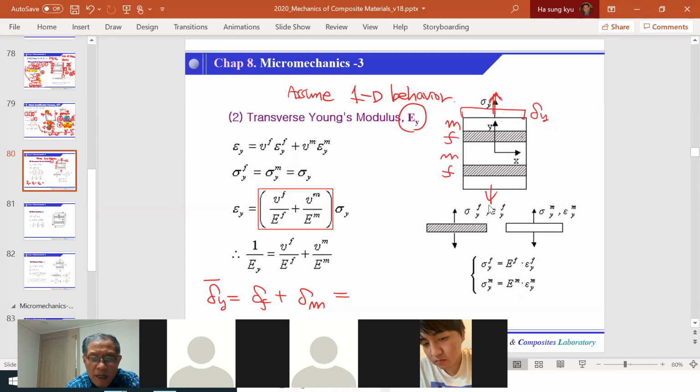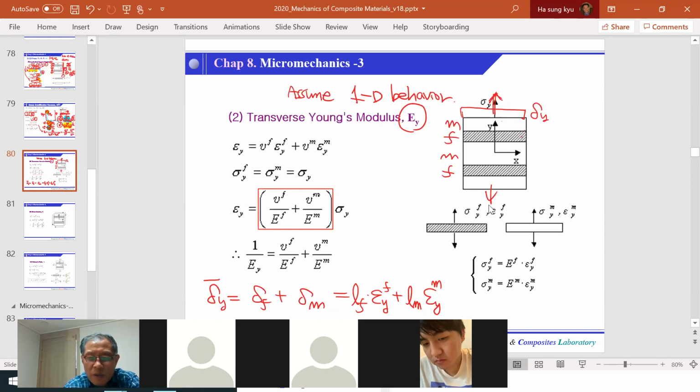And this delta is what? The fiber delta will be simply the length of the fiber times the strain, in this case the y-directional strain. And the length of the resin times the y-directional strain of the resin.